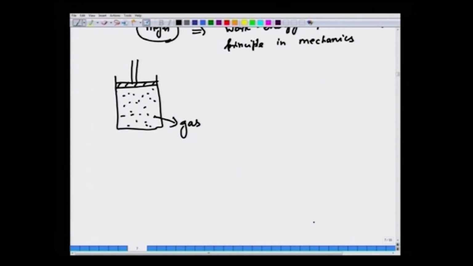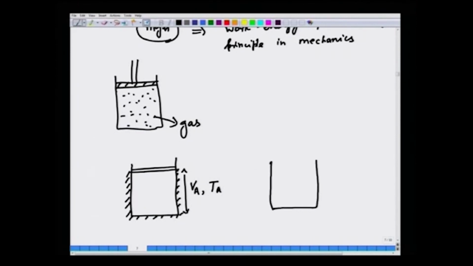Now, let us imagine that you have this gas, and initially the gas is at a given volume, which is denoted by V1 or VA, let us call it VA, and the temperature, let us say, is constant, or let us even insulate thermally this piston cylinder assembly, and it has a temperature TA.